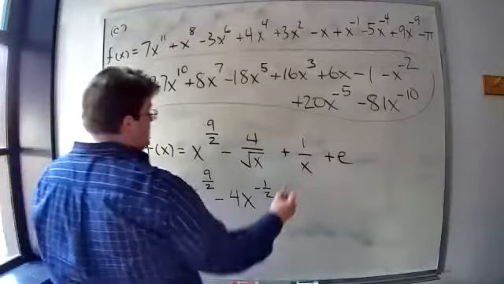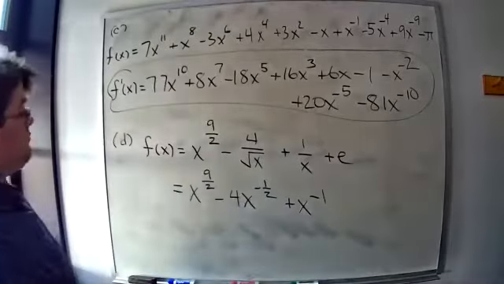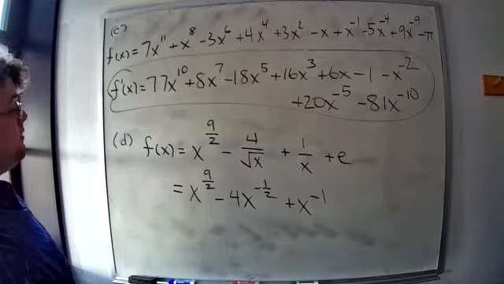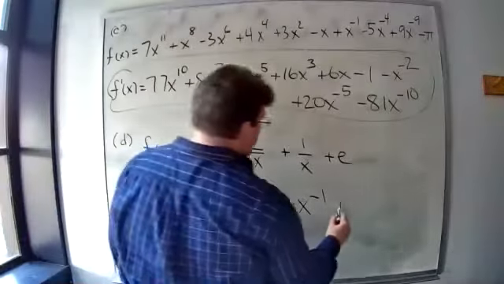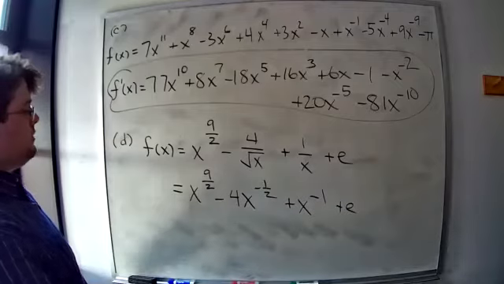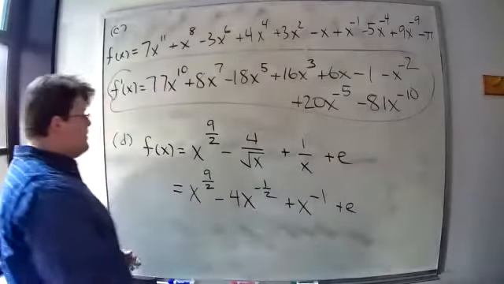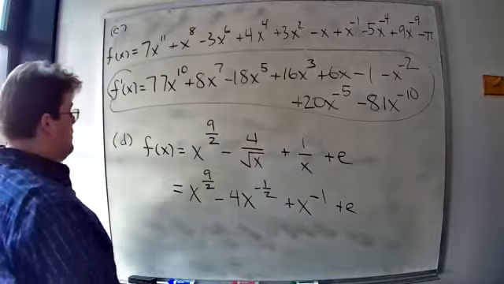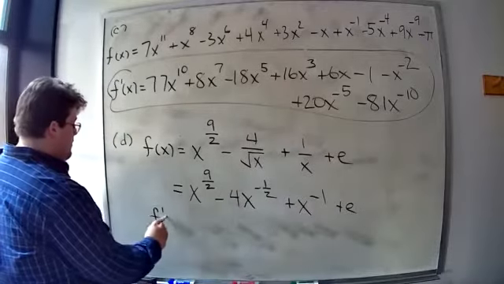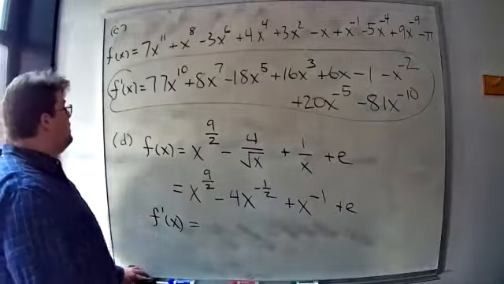And similarly over here, we have x to the 1 in the denominator, so that becomes x to the negative 1 in the numerator. And then e is e. Once we write all of these as x to some number, we can take the derivative using a bunch of power rules.